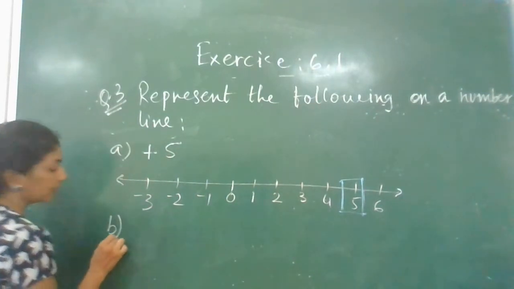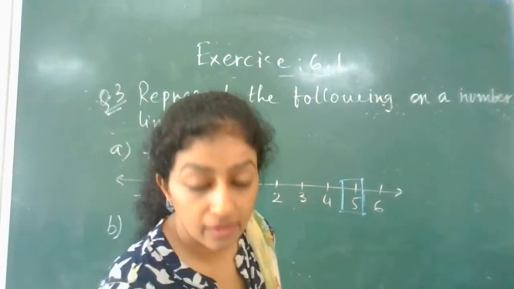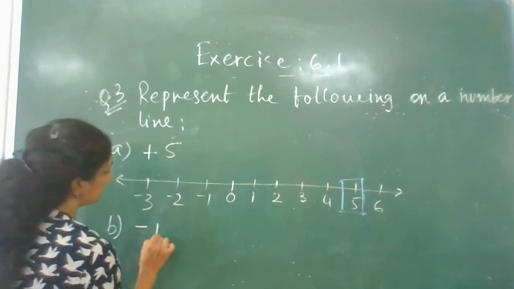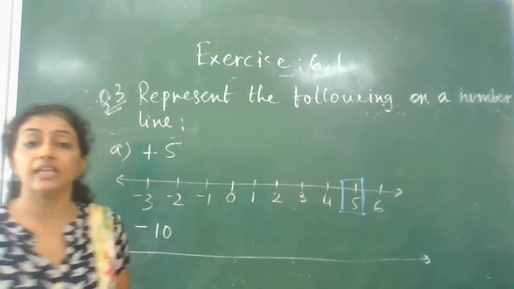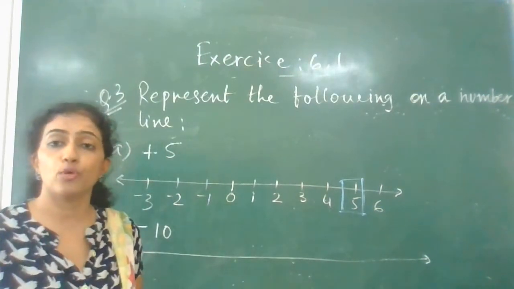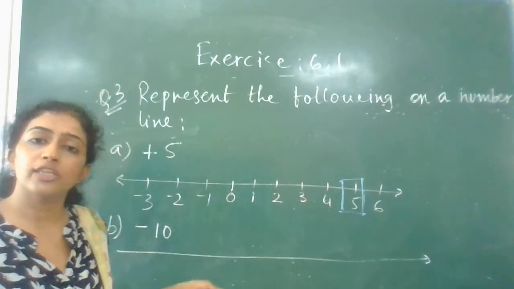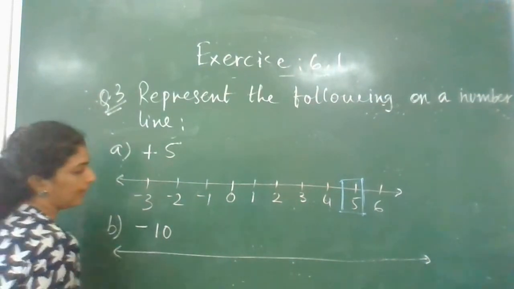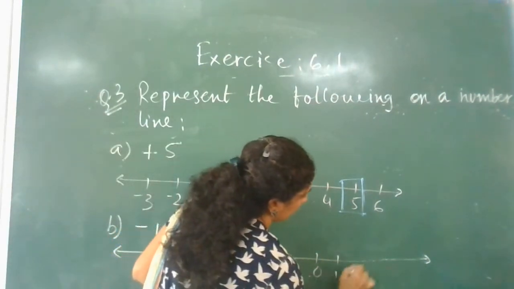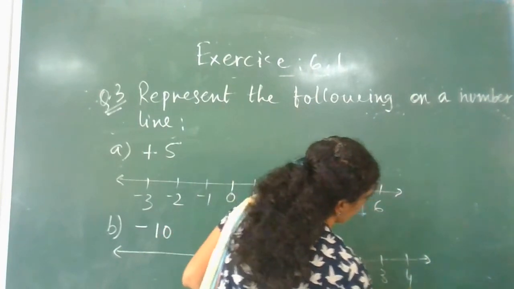Now the B is minus 10. Here you can see we need minus 10, so we'll need more portion of the negative integers. In this number line we'll reduce the portion of positive integers. So here 0, 1, 2, 3, 4.